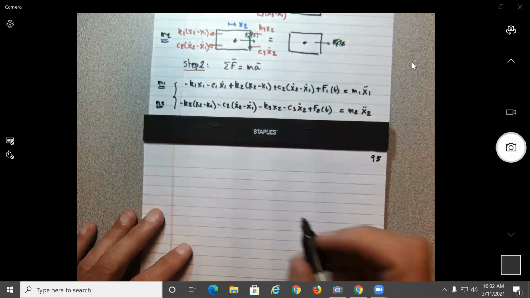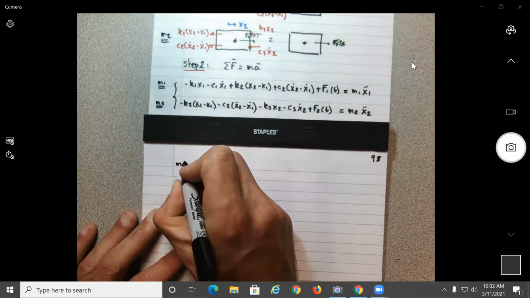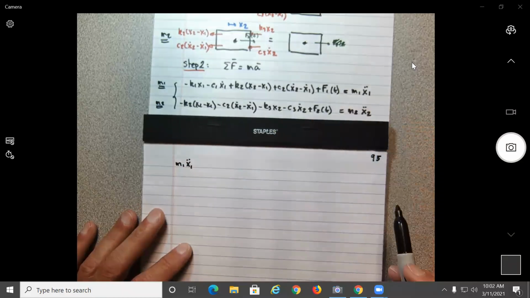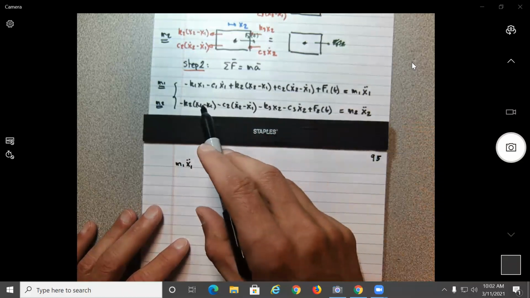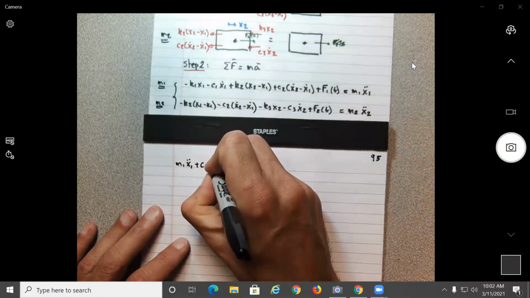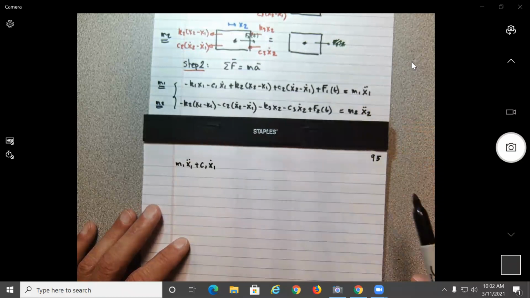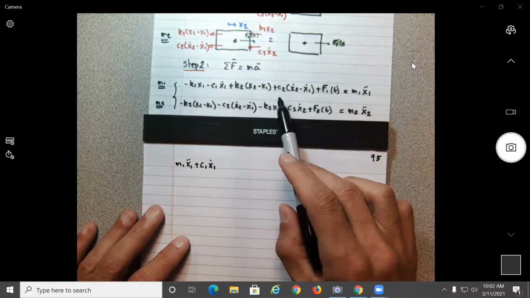On the first one, we can get M sub 1 X double dot 1. So I'm going to be moving everything to the right. Then plus C1 X dot 1. So I move this one to the right, this one to the right, no?